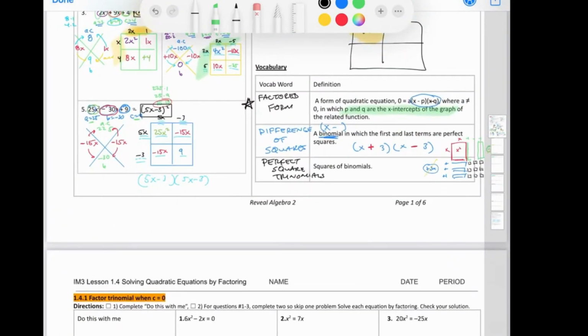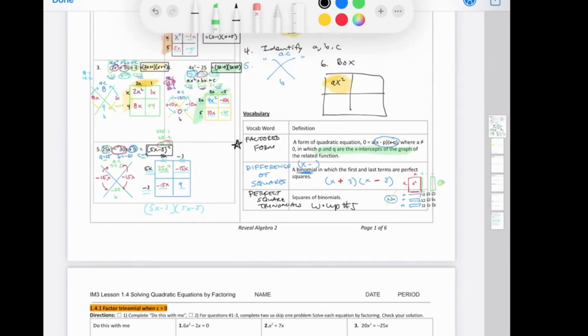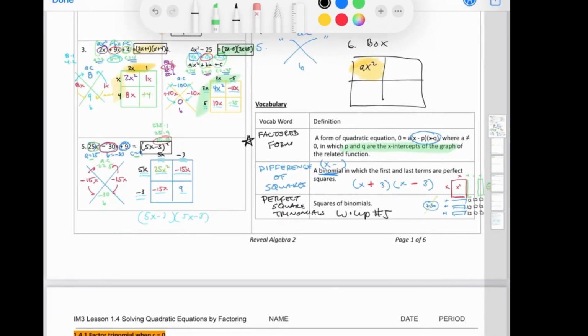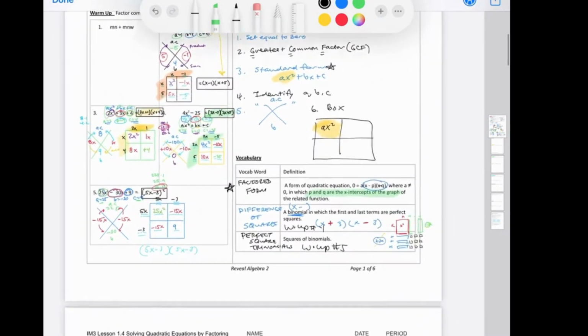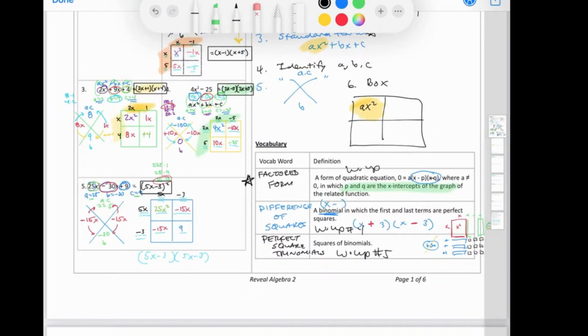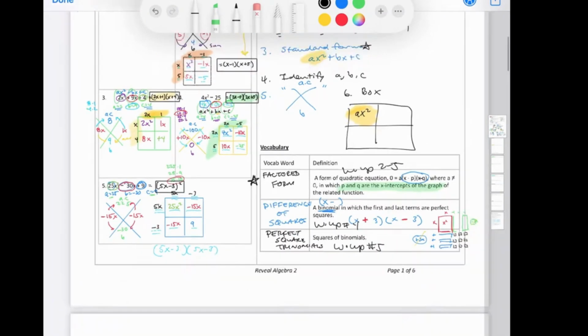And that was warm-up number 5. Difference of squares was the plus and the minus. That was warm-up number 4. And all of those were factored form, questions 2 to 5. Okay?